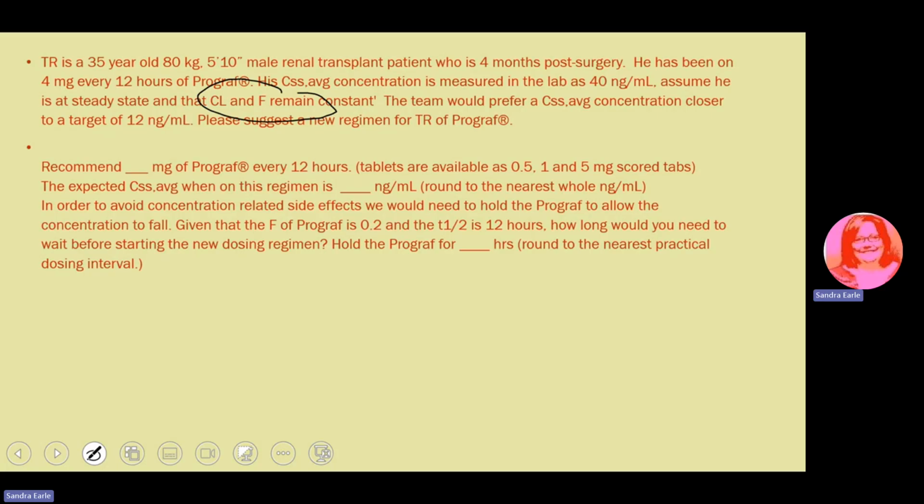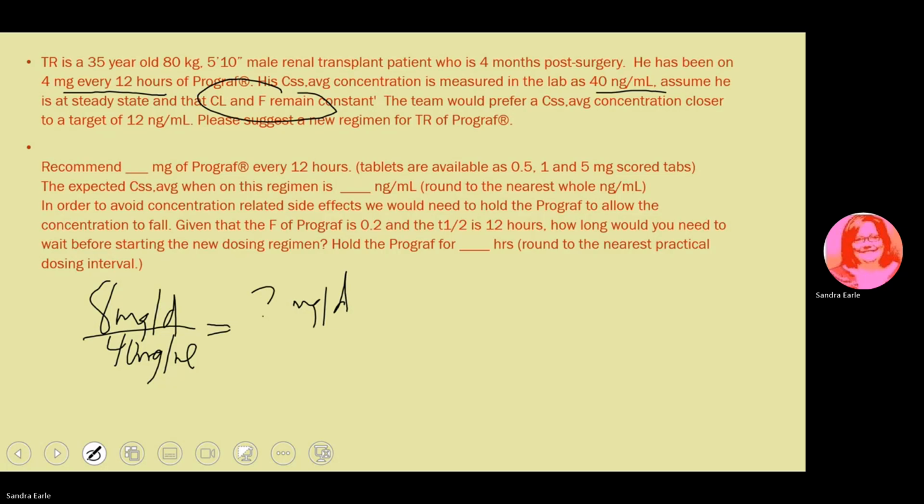So when he was getting 4 milligrams every 12 hours, so that's 8 milligrams per day, our patient had a concentration of 40 nanograms per ml, or micrograms per liter, and we're going to set that equal to how many milligrams per day to get 12 nanograms per ml. So we just do our simple proportion.